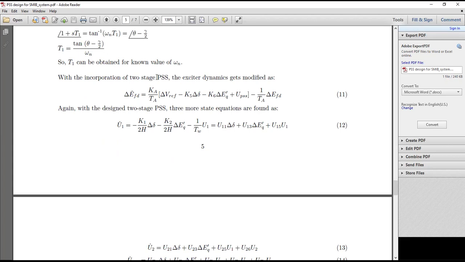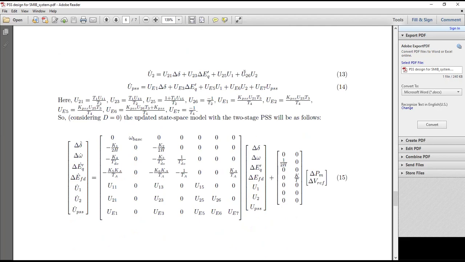Then with the incorporation of the two-stage PSS, you have the updated expression for delta EFD dot. This is U1 dot, this is U2 dot, and this is UPSS dot. These are the corresponding simplified entries here. I have used some simplified expressions, and later I have explained what is inside them, just to save some space.